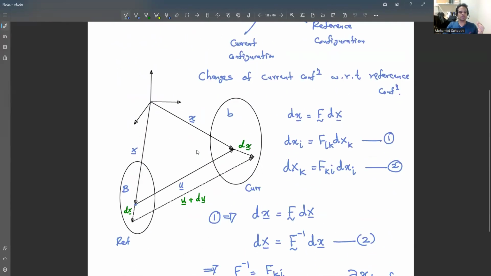The point is increasing. In the real case of deformation in continuum mechanics, always the volume of the material increases.